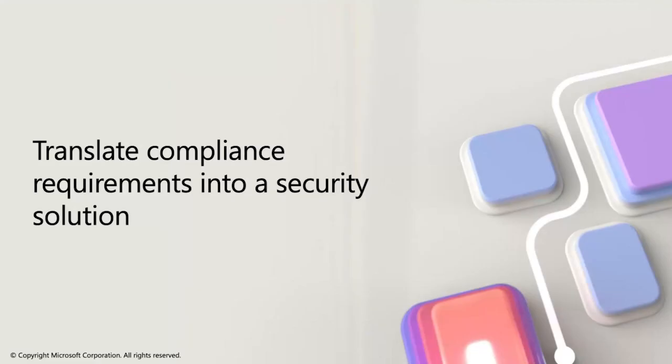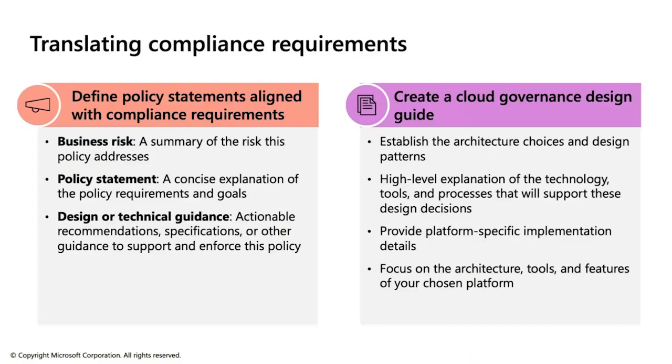So it's very important to translate compliance requirements into a security solution. And for this, it is the responsibility of the security architect to define different kinds of policy statements that will be aligned with the compliance requirements. So policy for how we are going to align with different standards.